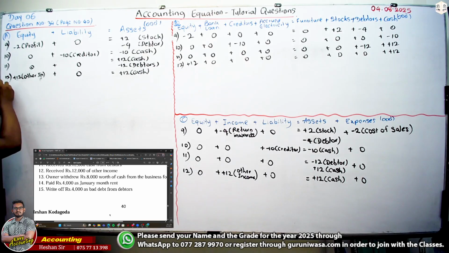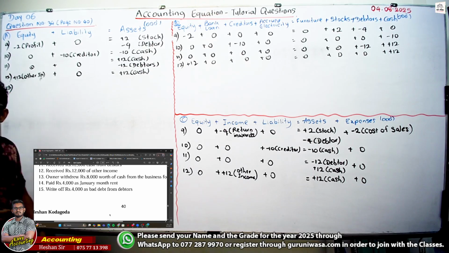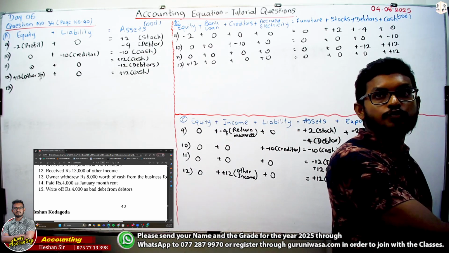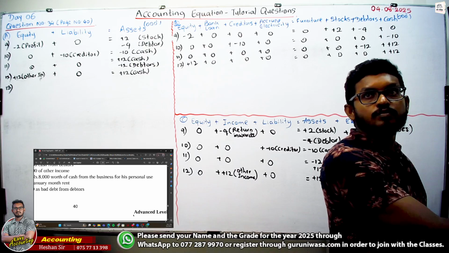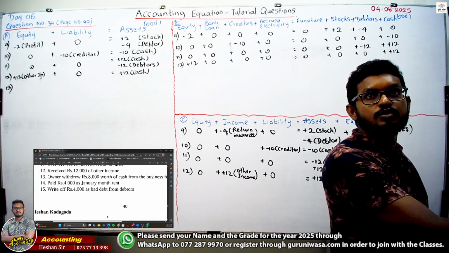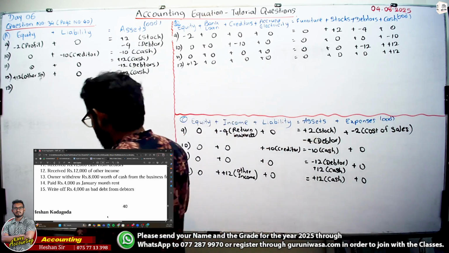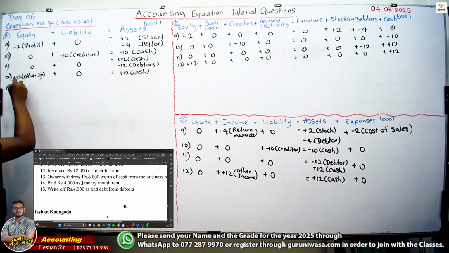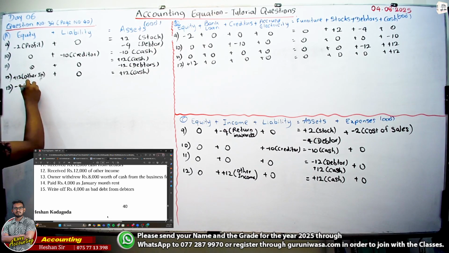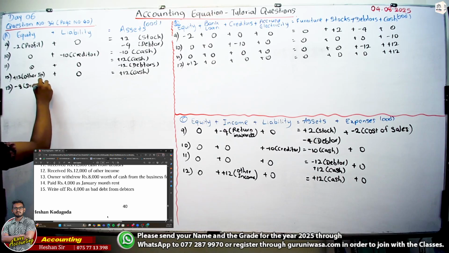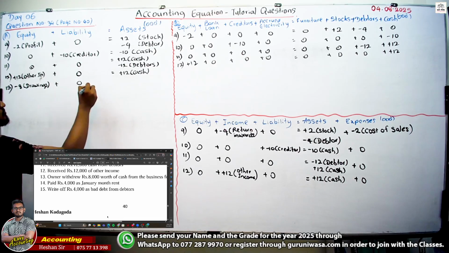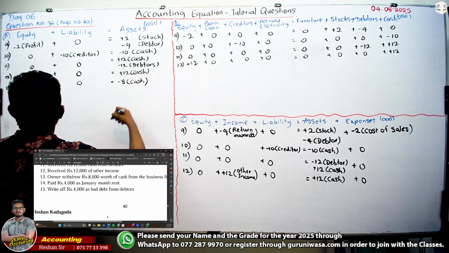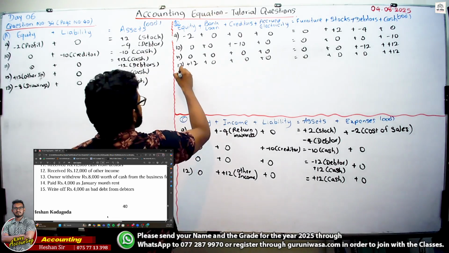13. Owner withdrew 8,000 worth of cash from the business for his personal use. So 8,000, right? So equity decrease 8,000 as drawings. Minus 8 as cash. 13.